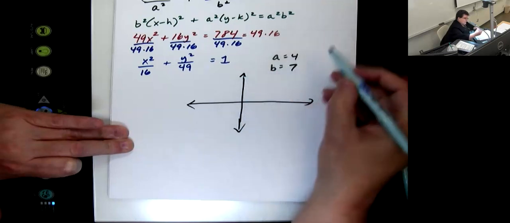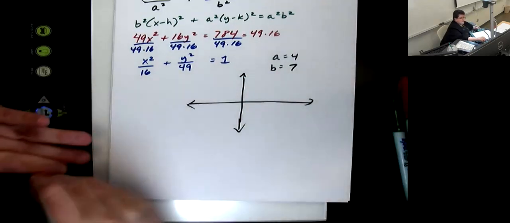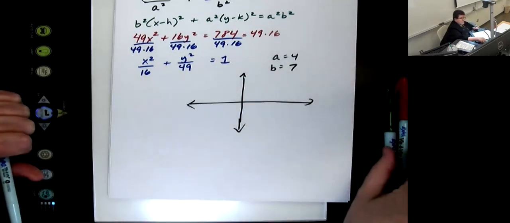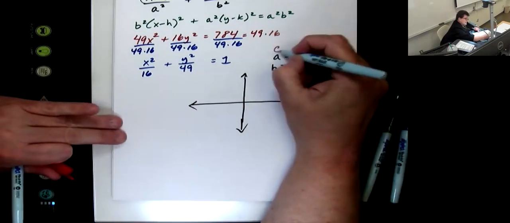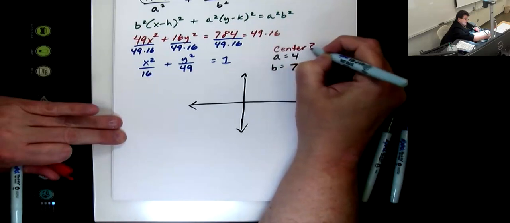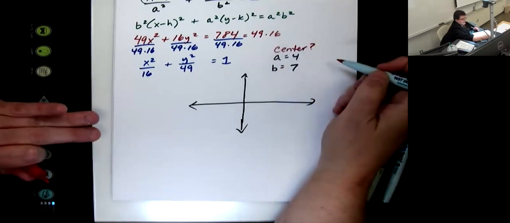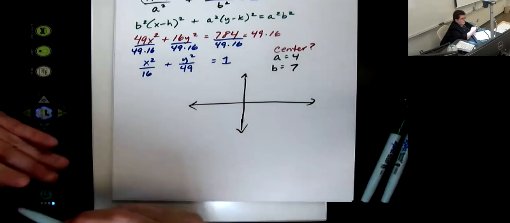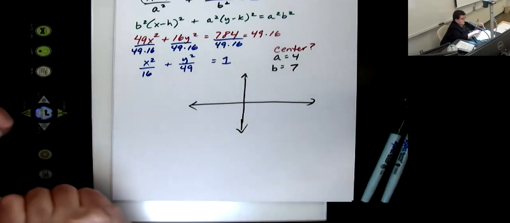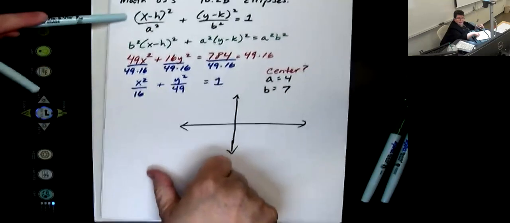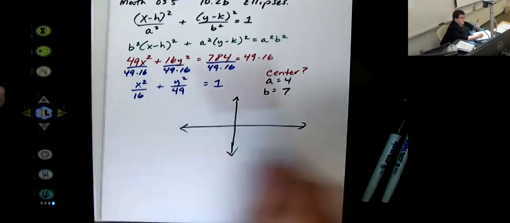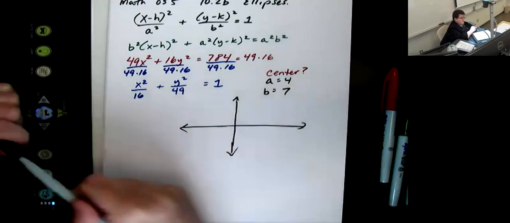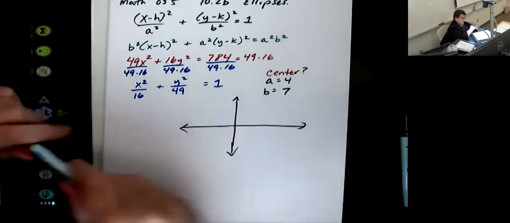What's the center here on this one? Do I have an h, k? Is there anything with x and y like that? No. So h must be 0 and k must be 0. Center is the origin.